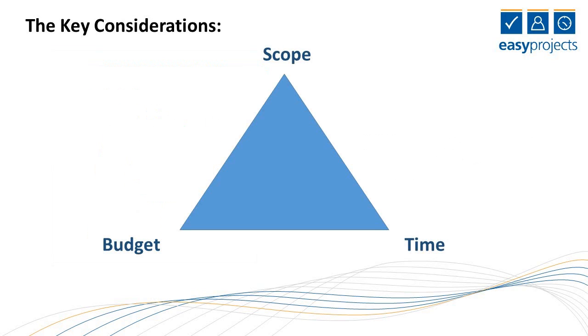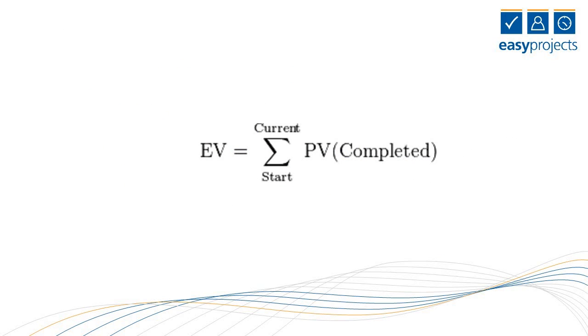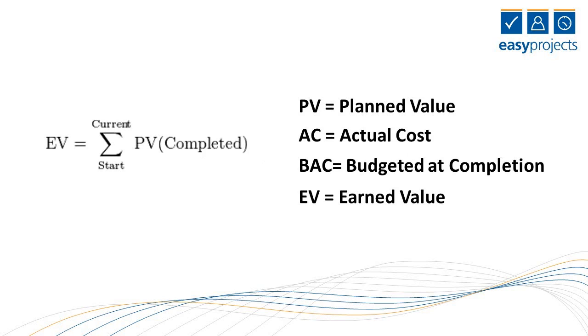The three most important considerations of the earned value analysis are scope, time, and costs. Now, the calculations for this can be as simple or as complicated as you want. Here's the basic calculation. So let's break it down. The PV represents planned value, and it's also commonly referred to as budgeted costs of work schedule, or the BCWS.